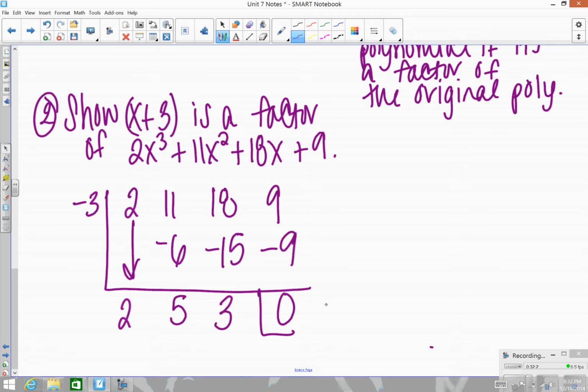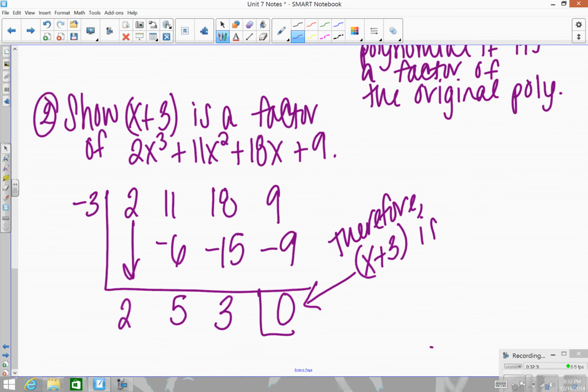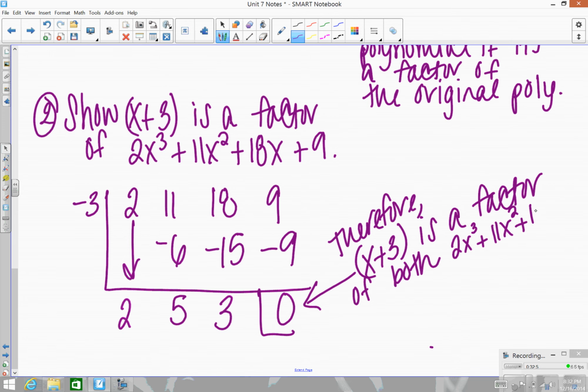So that means, again, that x plus 3 is a factor of both expressions. So both 2x to the third plus 11x squared plus 18x plus 9, and so it's a factor of what I just divided it by because I got a remainder of 0.